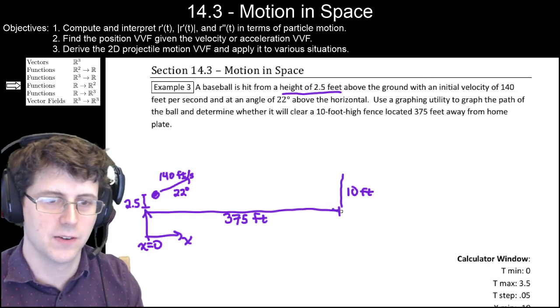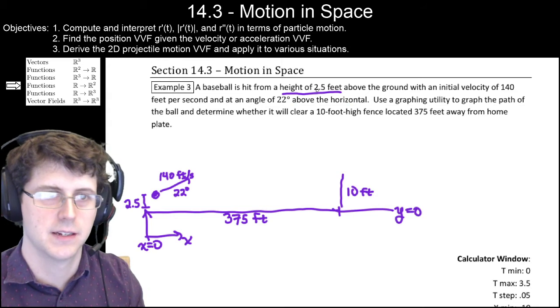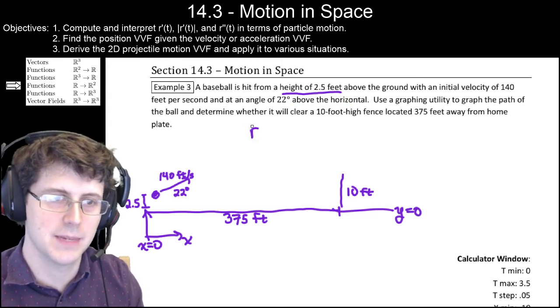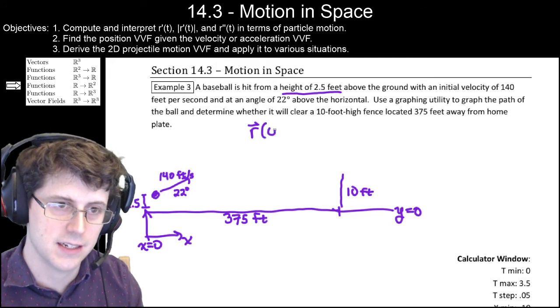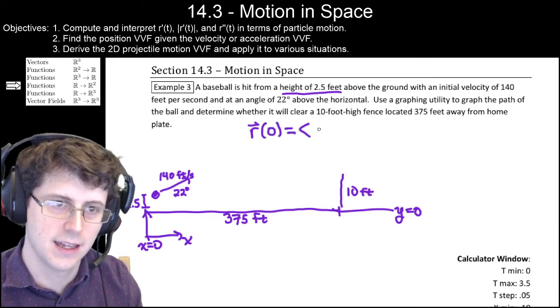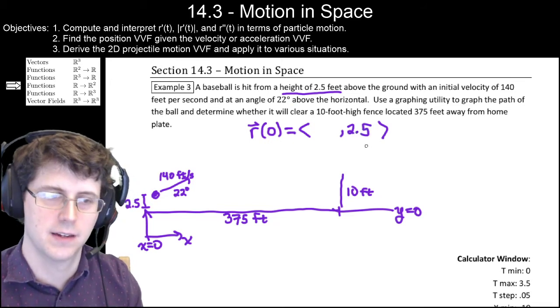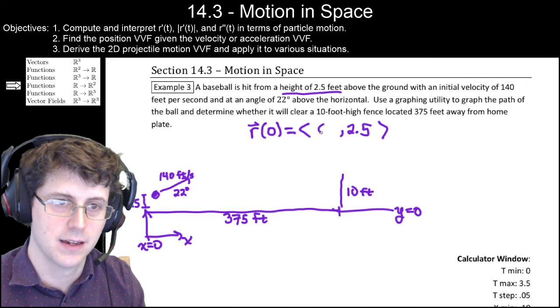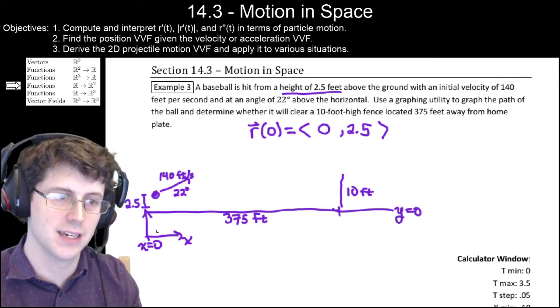And then I'll have the ground be y equals 0. So what does it mean if the baseball is hit from a height of 2.5 feet? That means the position starts at height 2.5. From the picture, I've decided that the ball starts at a horizontal coordinate of x equals 0.